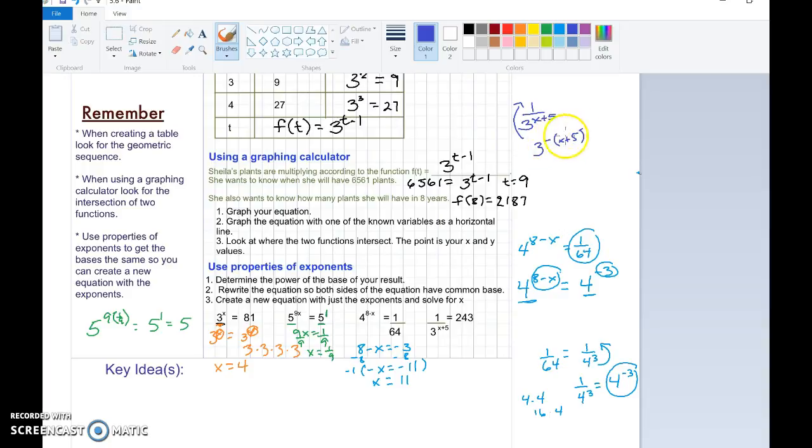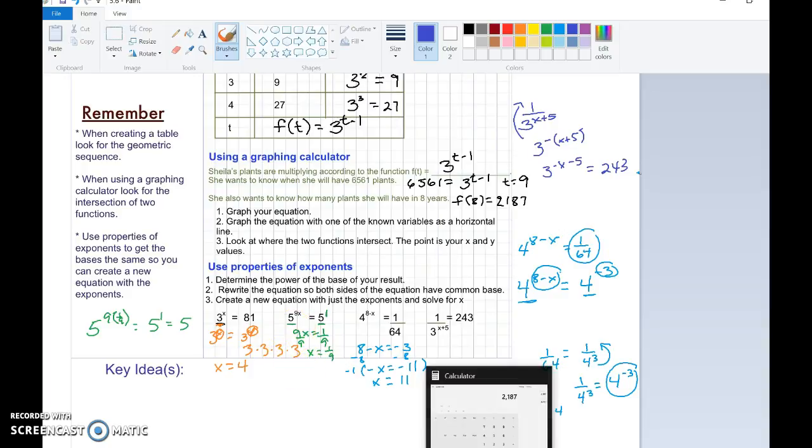Now this is a negative x plus 5, so I need to actually distribute that negative sign through both of them, minus x minus 5, and that's going to be equal to 243. Now the only other thing I have to figure out is if I can take 243 and turn it into 3 to the power of something. I already know that 3 to the fourth power is 81.